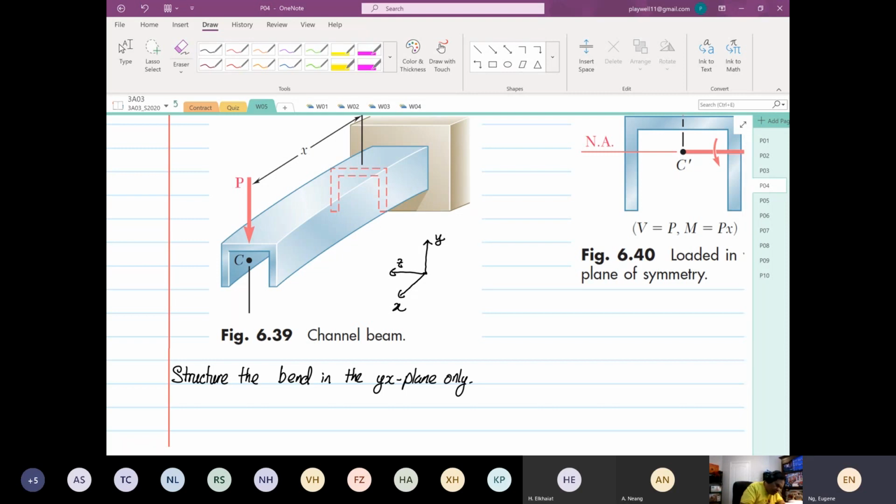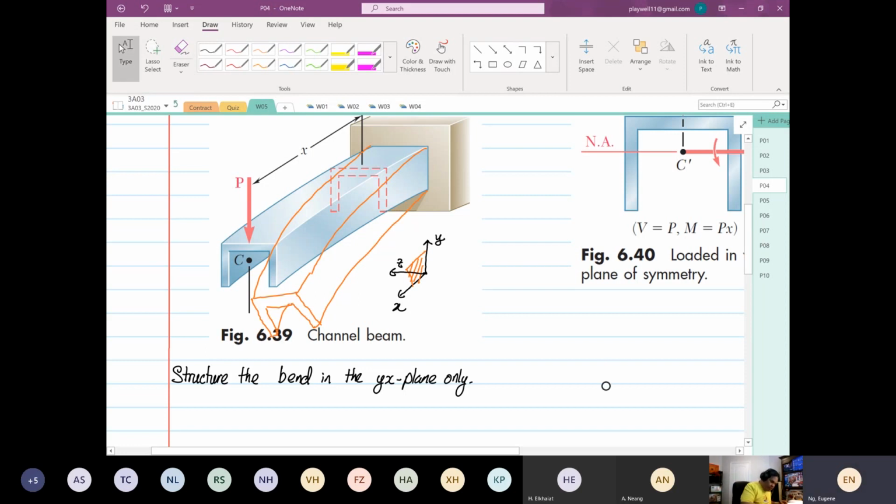If I have to draw the deformation, the deformation will look like this. Okay, so xy plane only. I'm going to shade the plane, so it's bending on this plane only.